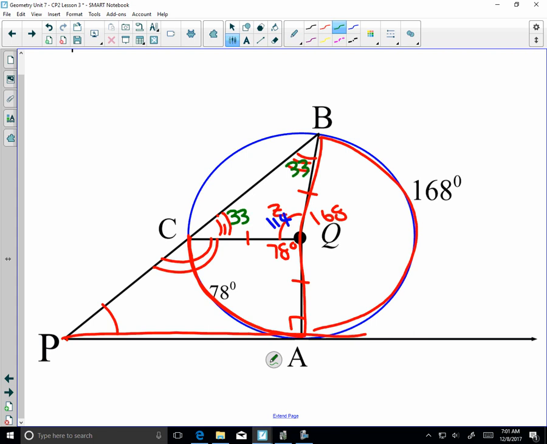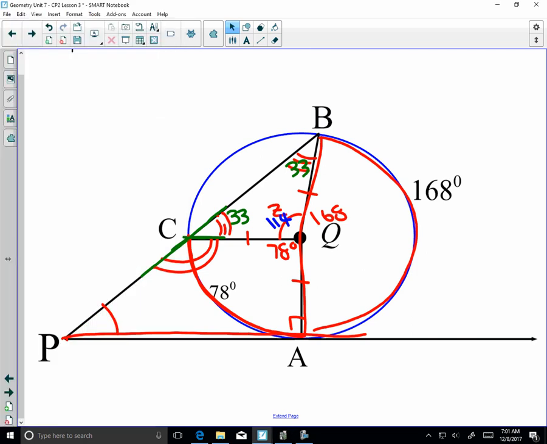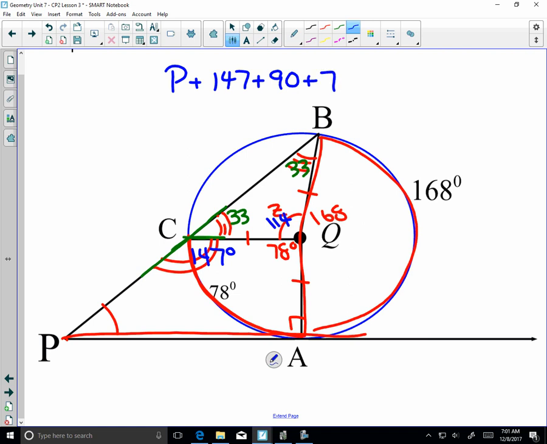Now, if my base angle is 33, I have a linear pair to finish out my quadrilateral. To get that linear pair, we do 180 minus 33. We've got a 147 angle. And now we finally have everything that we need to get P. So we have P plus 147 plus 90 plus 78 equals 360.